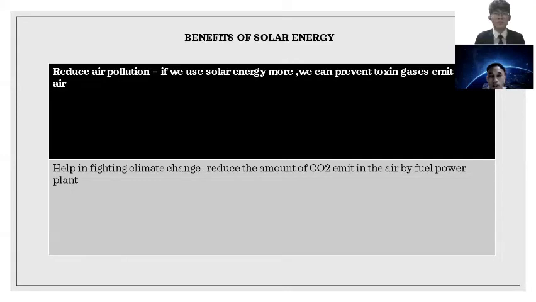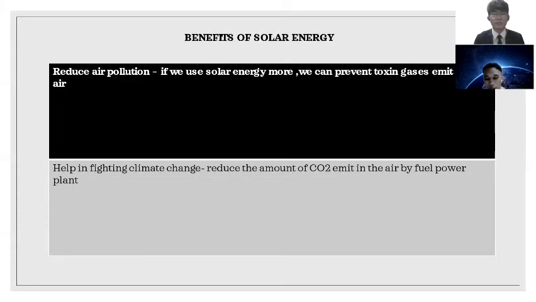This is called the greenhouse effect. Carbon dioxide blocks the heat that comes from the sun from reflecting back to space. Because of that, the temperature of the earth increases and leads to global warming.